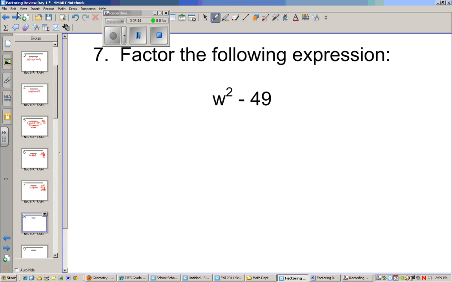All right, w squared minus 49. People with a lot of experience with factoring will just shout out the answer, and they think it's easy. And it is easy once you understand the shortcut. However, if you don't know the answer right when we start, we have to pretend like there is a 0w here. So we have a negative 49, and it adds up to 0.